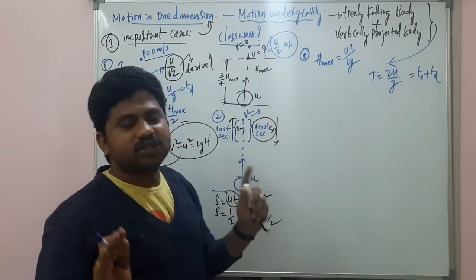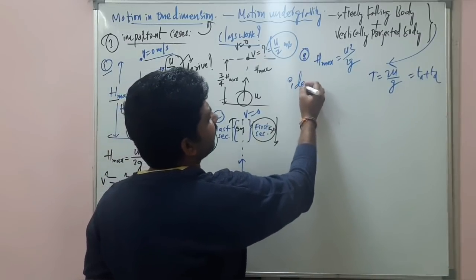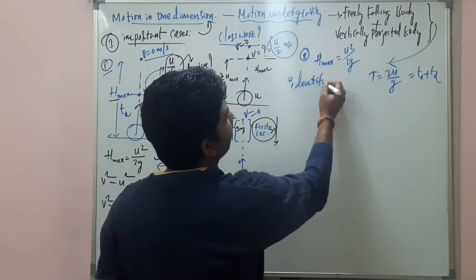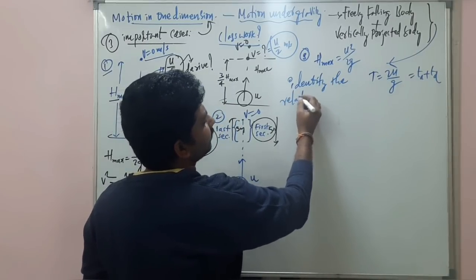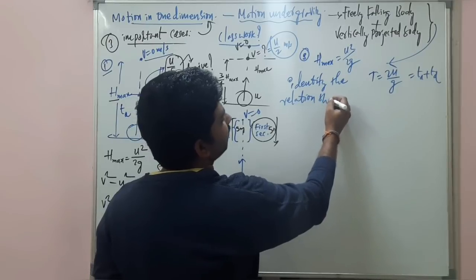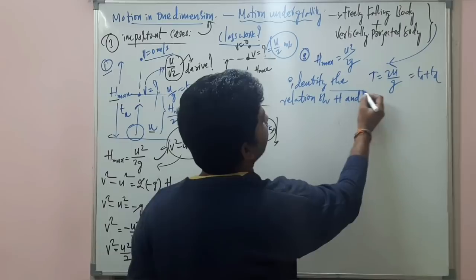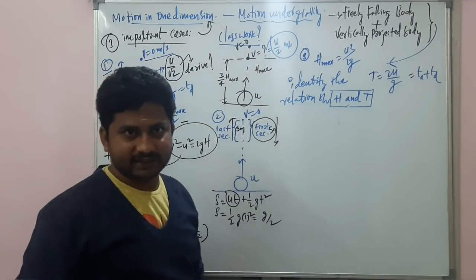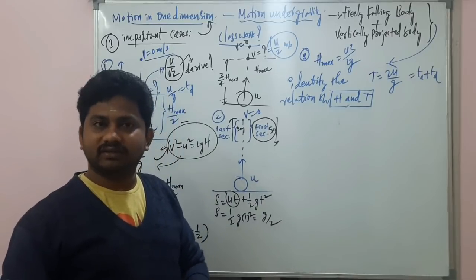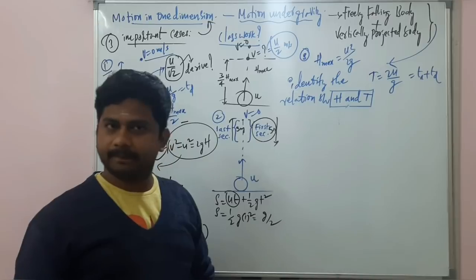Now my question here is: identify the relation between h and t. What is h? A maximum height. And what is t? Time of flight. Right? So my question here is identify the relation between h and t.